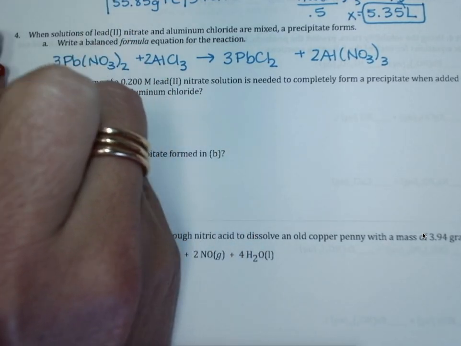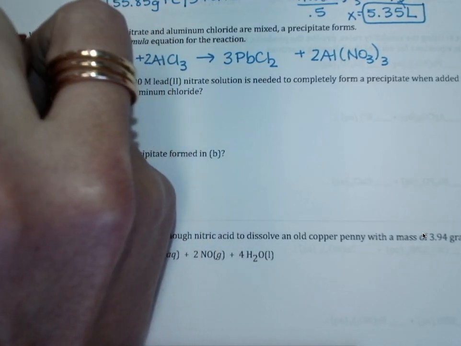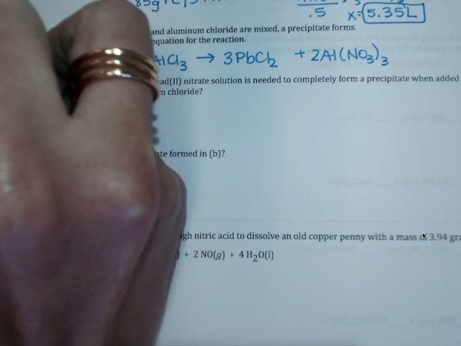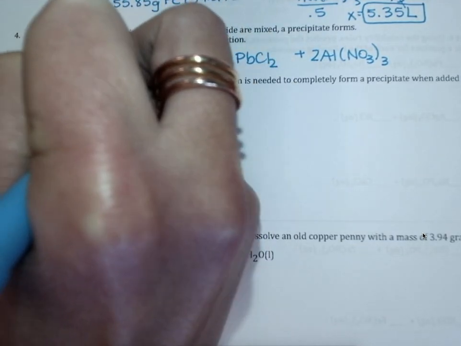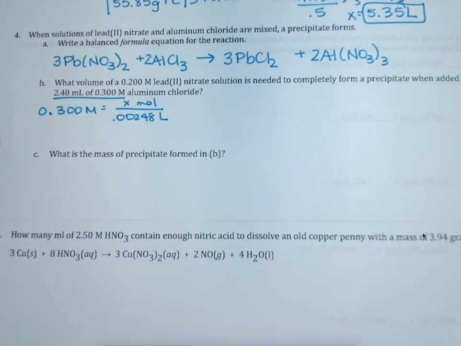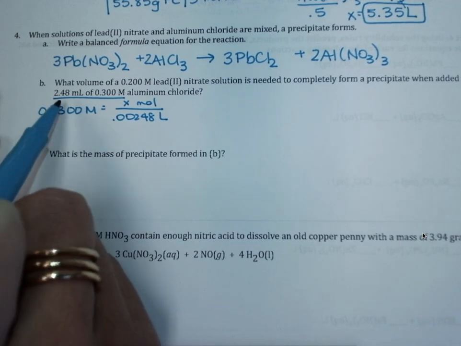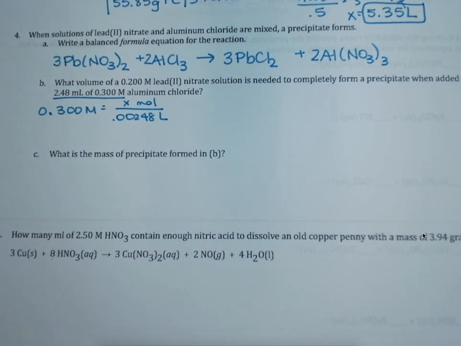Because I know both of these things, that's where I'm going to start to get my moles. So 0.3 molar is some number of moles over my volume, which is not very big, because milliliters to liters is 0.00248.